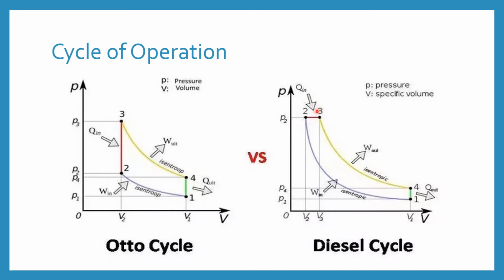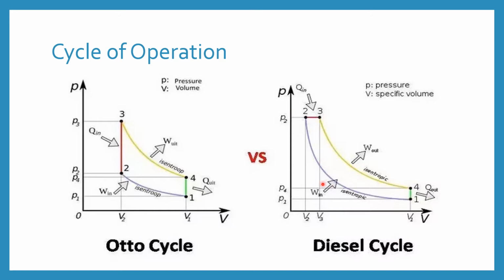After reaching point 3, from 3 to 4 pressure starts to reduce, from P3 to P4, and after getting P4, at a constant volume the pressure is reduced again from P4 to P1. So these are the diesel cycle.